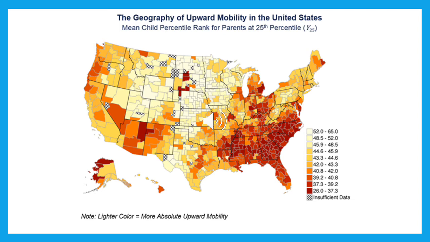So notice that in the deep South, including Alabama, we see very little social mobility. The same for pockets in the Southwest, and a little better for pockets in the Northwest and Northeast. The middle of the country appears to be where the most social and economic mobility is.